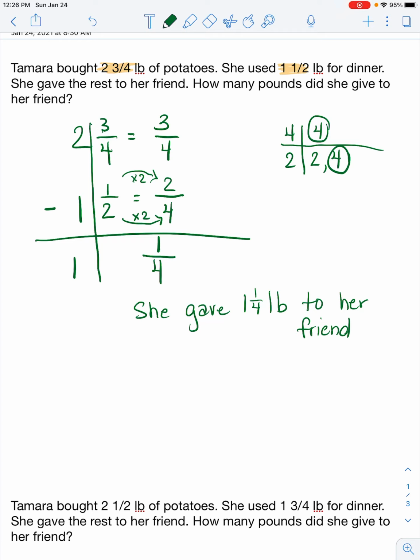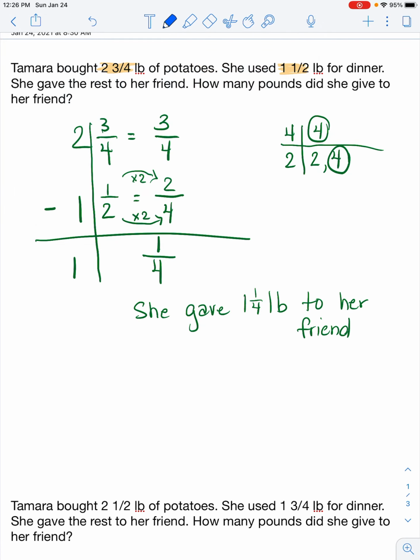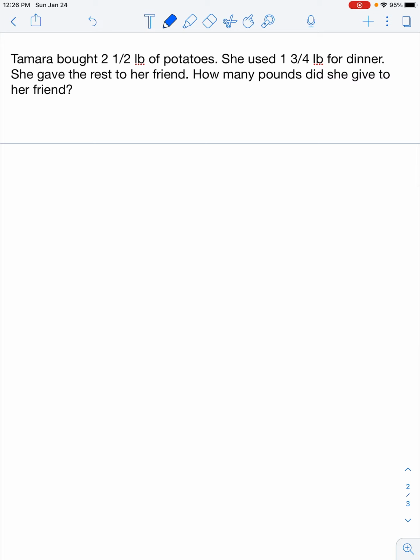And then we have another problem subtracting fractions. But sometimes we're faced with something that's a little bit trickier. Let's say the problem were slightly changed.